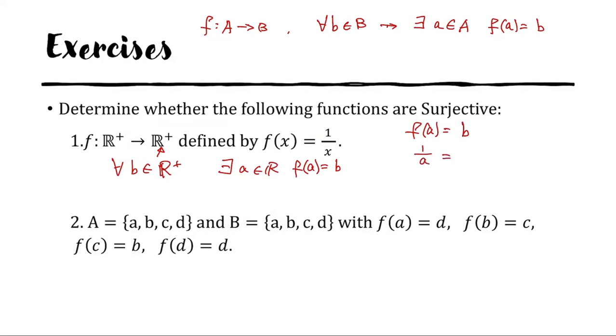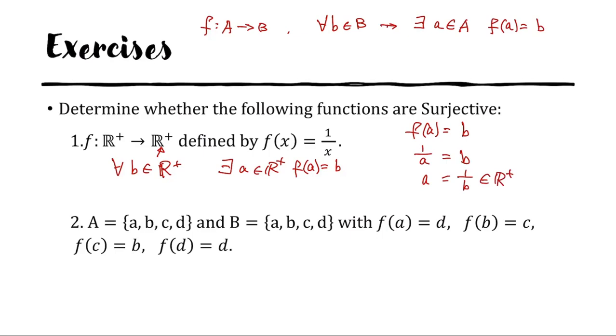Then you have 1 over a equals b. Then we need to find there exists a in the positive real numbers where f of a equals b. Now, if b equals 1 over a, then that means a will equal 1 over b, or you take the reciprocal on both sides. And we know 1 over b is a positive real number since you have 1 divided by a positive number, so you will also get a positive number.